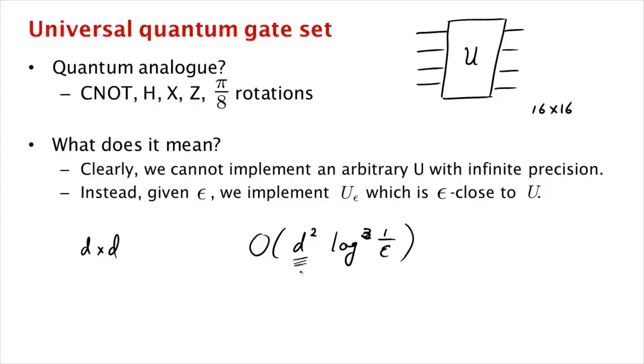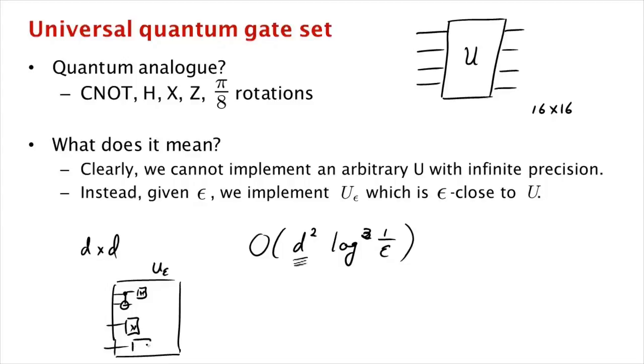So what's the upshot of all this? We are going to be implementing this circuit U sub epsilon, which, if you look inside, consists of CNOT gates and Hadamards and X gates and Z gates and so on.